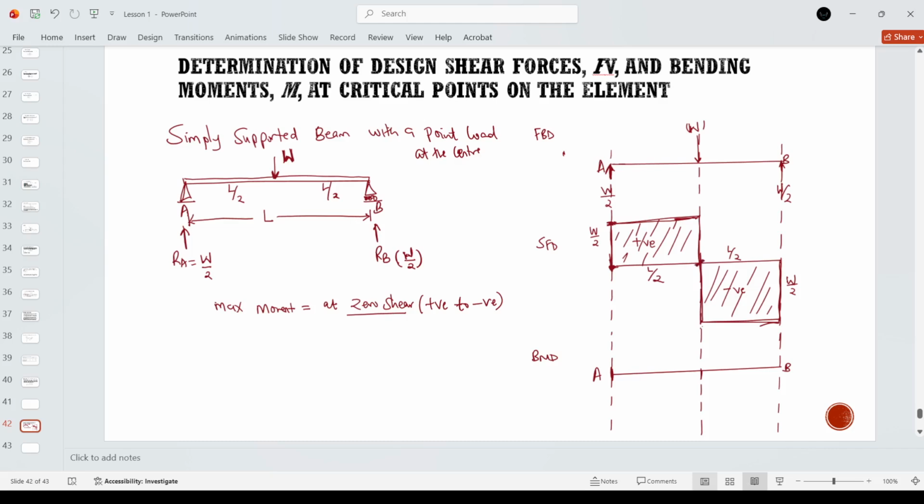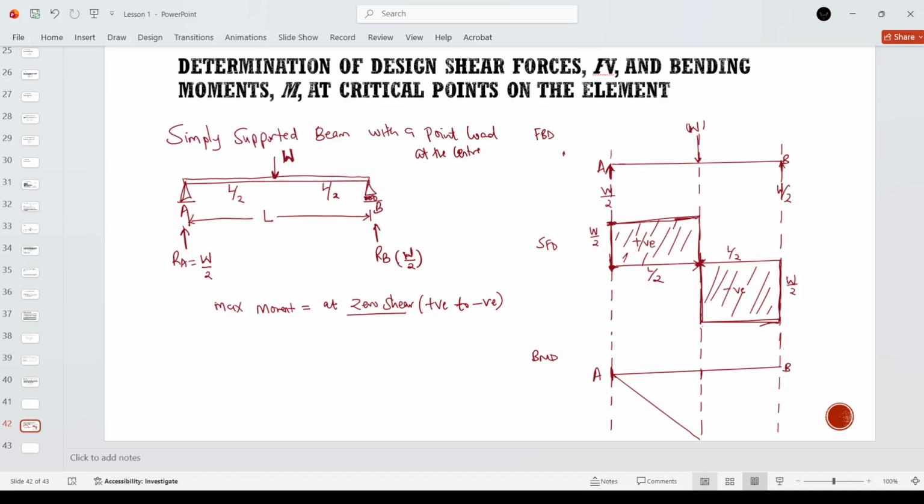So at this point we will have maximum bending moment. And how is the maximum bending moment going to look like? Where we have a positive shear force, we are going to have a negative bending moment in this way.